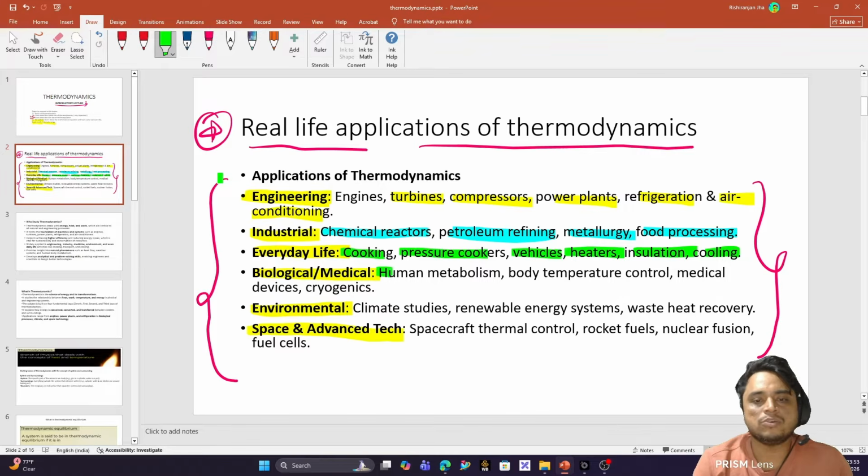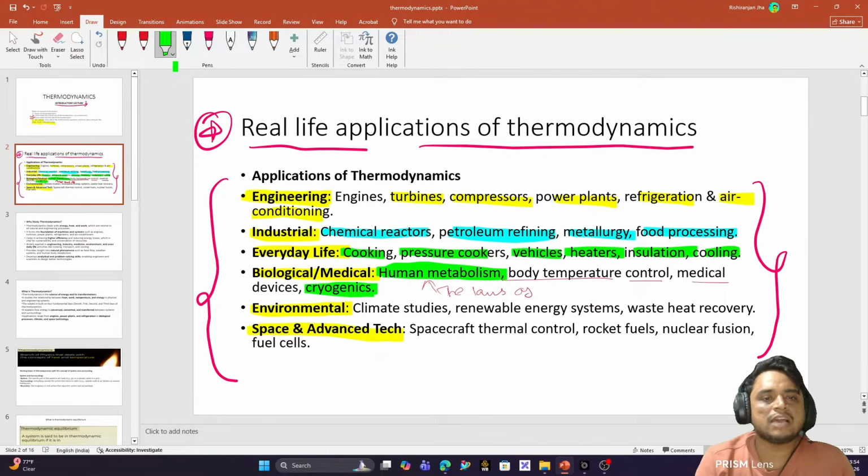If we look at human metabolism, all of it is based on the laws of thermodynamics. Even body temperature control and medical devices, and in some advanced applications, we can see its use in cryogenics. Cryogenics is the process in which an object is cooled to a very low temperature.